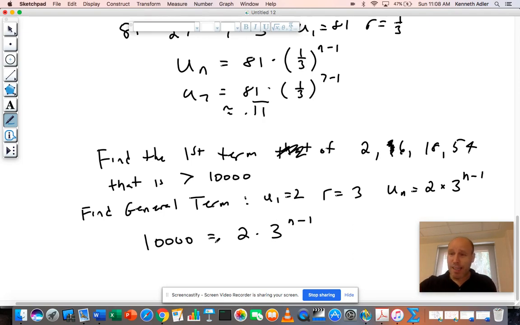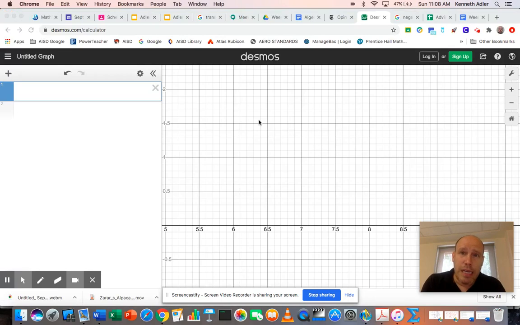No. Here's what we're going to do. You're going to go to Desmos. Type in desmos.com on the top, and then it's going to take you to this screen.